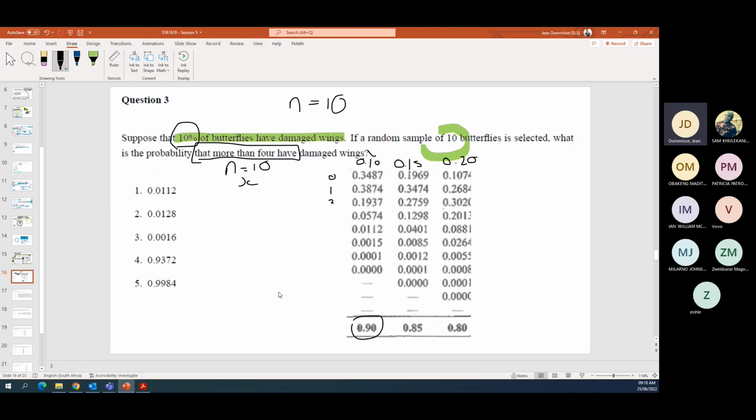So more than 4, that was 0, 1, 2, 3, 4. More than 4 is from 5 and up. More than 4 does not include 4. So more than 4 means 5 and up.